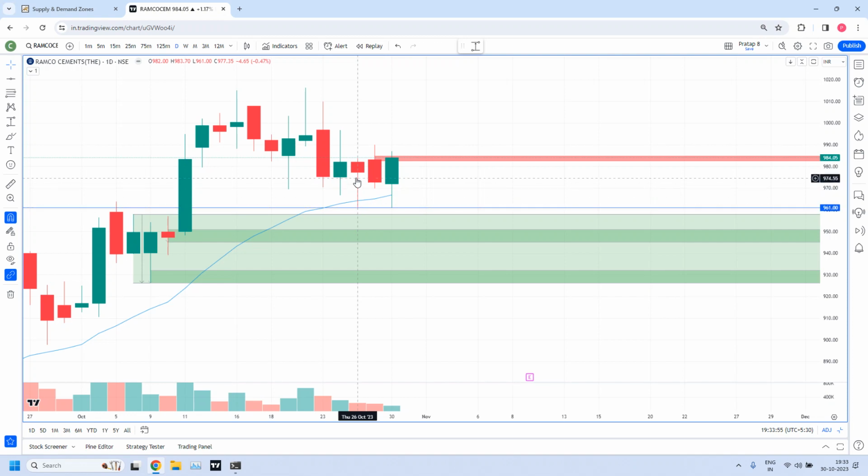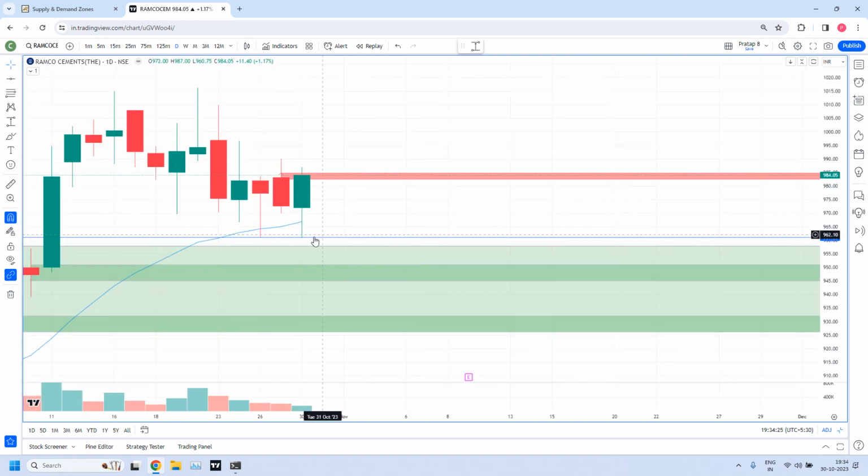On this day, just before the high liquidity demand zones, you can find an entry buffer. The moment you find a huge rejection from this area, we can confirm there is an entry buffer. That's why a blue line is drawn here. See what happened today? It just reached that entry buffer area. Previously, what was the low of this candle? 961 rupees is the low.